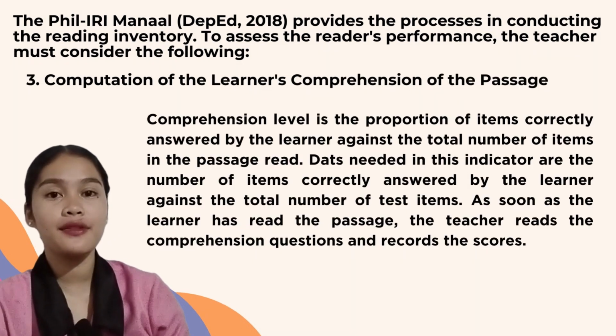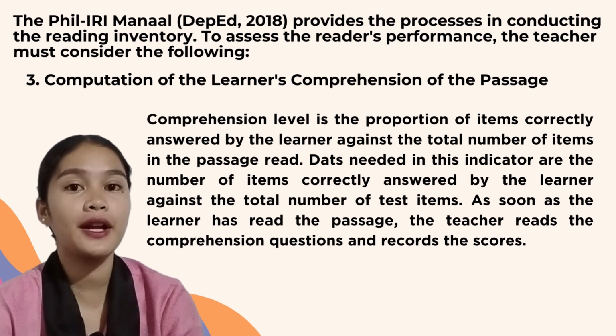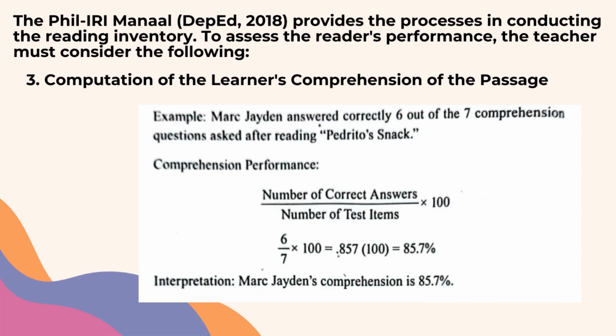Next, we have here the computation of the learner's comprehension of the passage. Here we can see, for example, Mark Jaden answered correctly 6 out of the 7 comprehension questions asked after reading Pedrito's Nap. Comprehension performance formula, we have here number of correct answers over number of test items multiplied by 100.